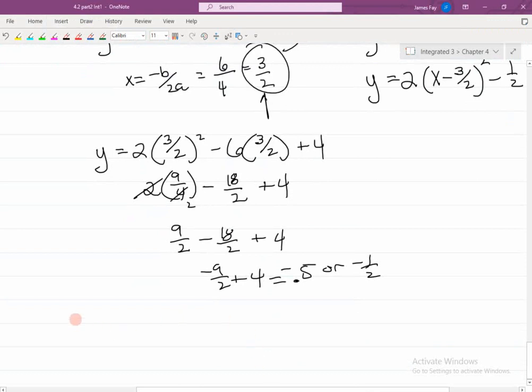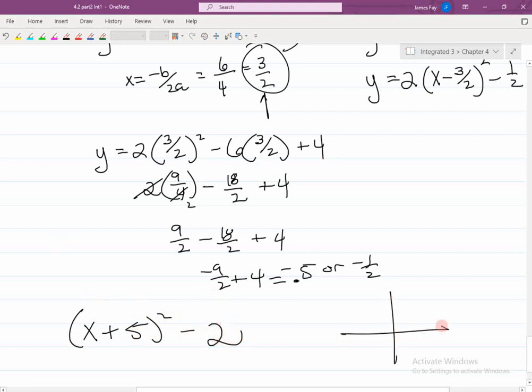So, to answer your question, can it be positive or negative? Yes. Let's use a different number: x plus 5 squared minus 2. We know it's x squared, that parent graph, the simplest one that we can ever create, right? This plus 5, from what I just explained to you, is going to move that parent function 5 units left.